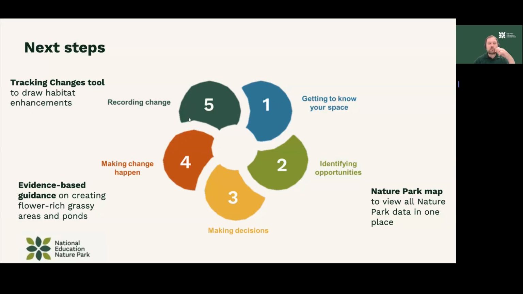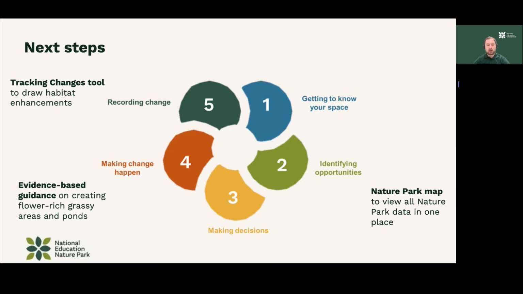When you've then recorded that change, let's say you've increased the amount of wildflowers on that area, you could then record that area through the tracking change tool as a wildflower area or a meadow, and then do a pollinator count there, and hopefully see the increase in pollinators that you've brought to the area.